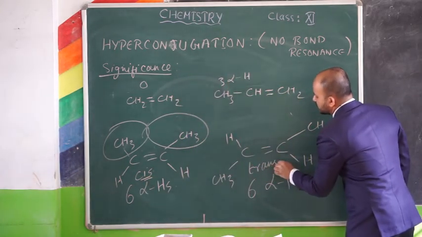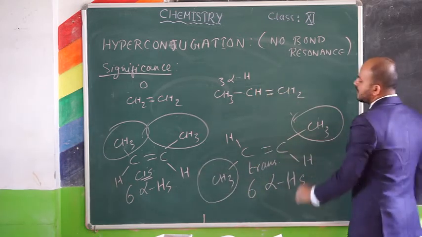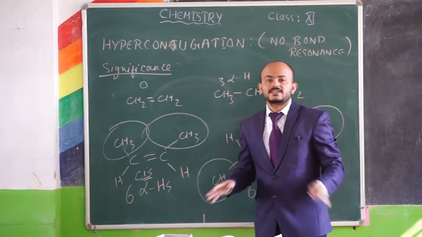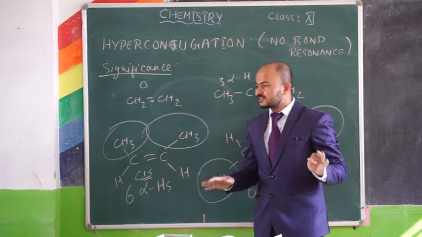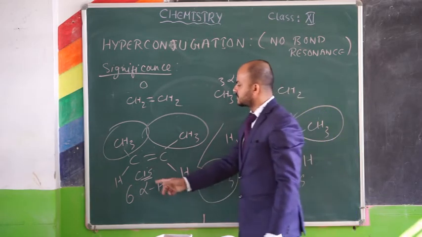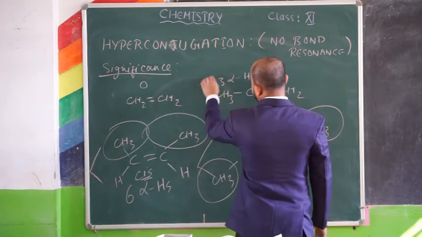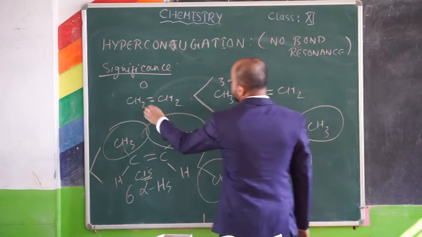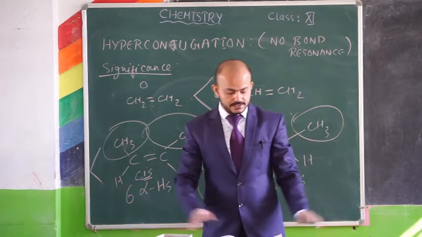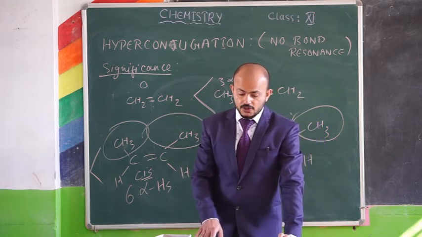In trans, you have the bulky groups lying far apart from each other. Therefore, there is no question of steric hindrance. So the most stable one will be your trans form. Then comes your cis form of butene. Then this, and the last one is ethene. So based on hyperconjugation also, we can discuss the stability of alkenes.